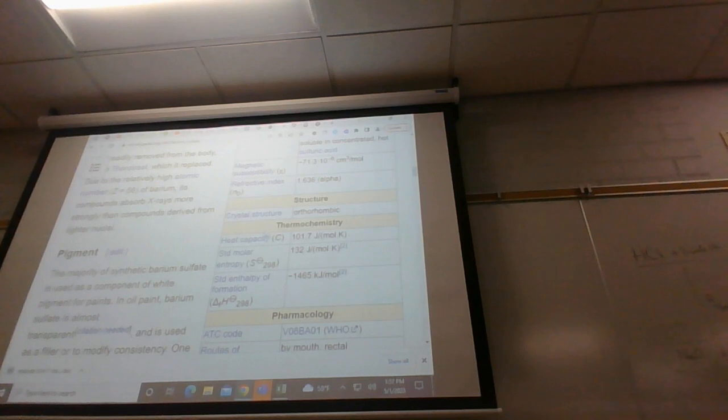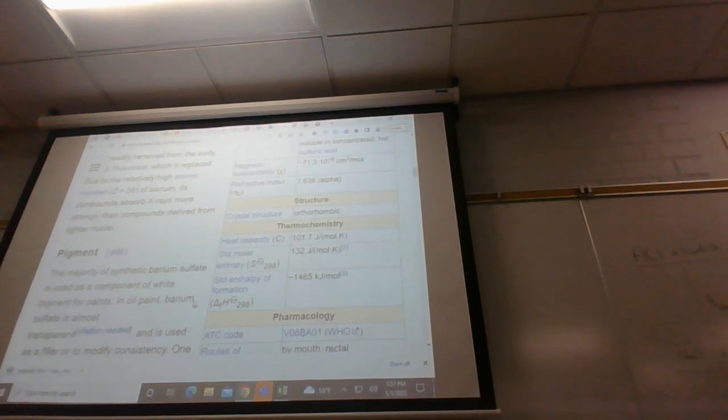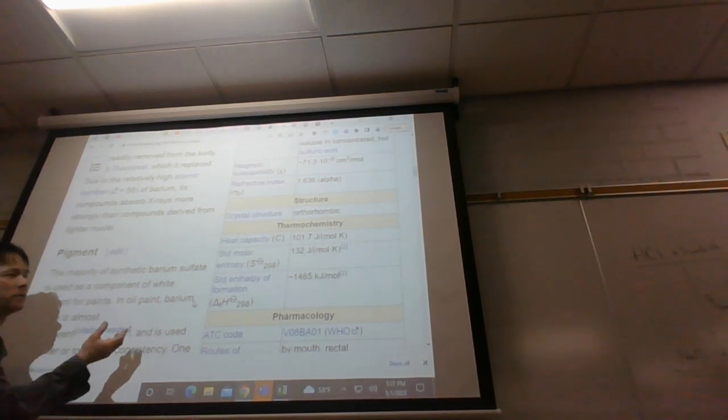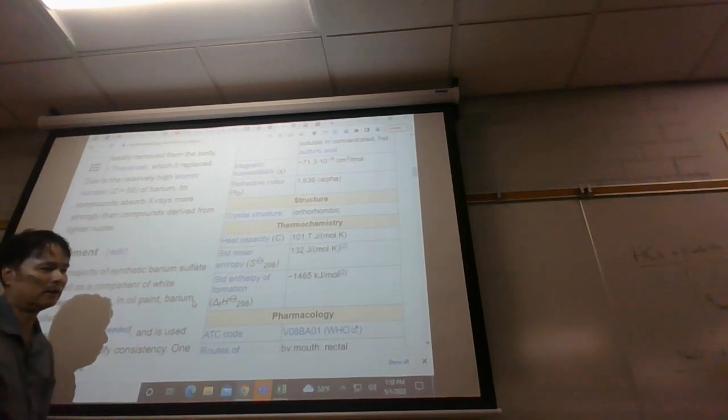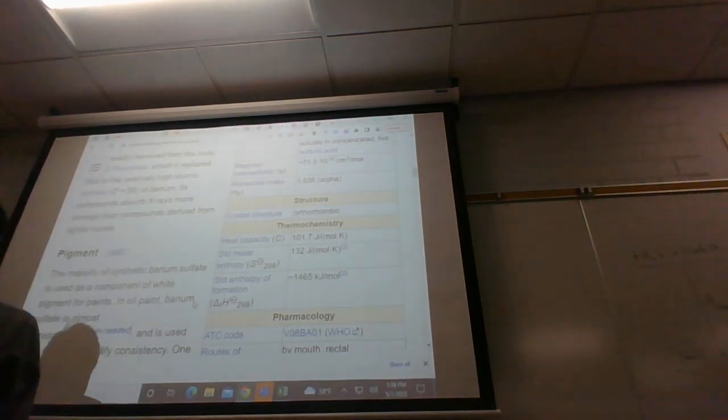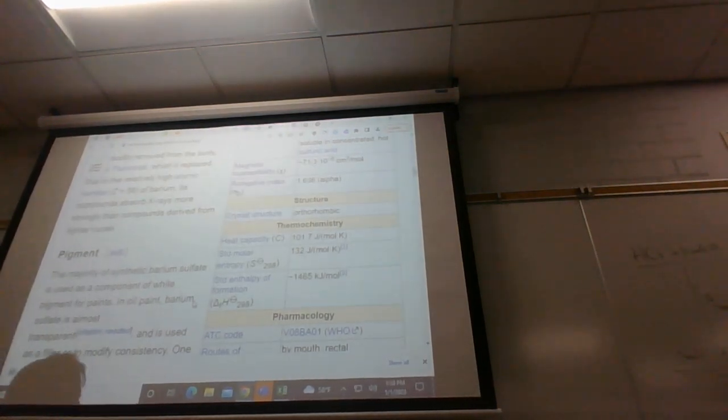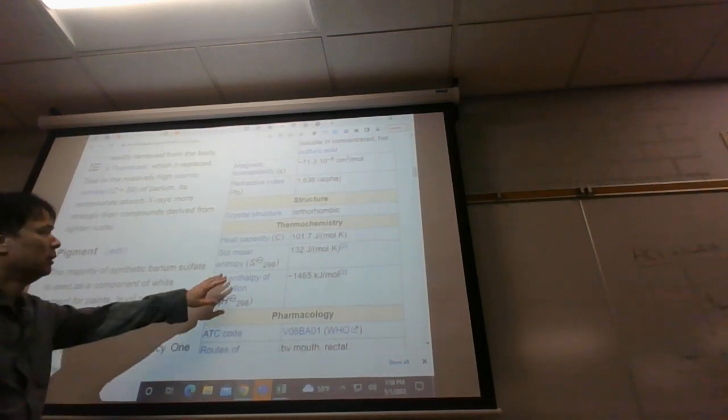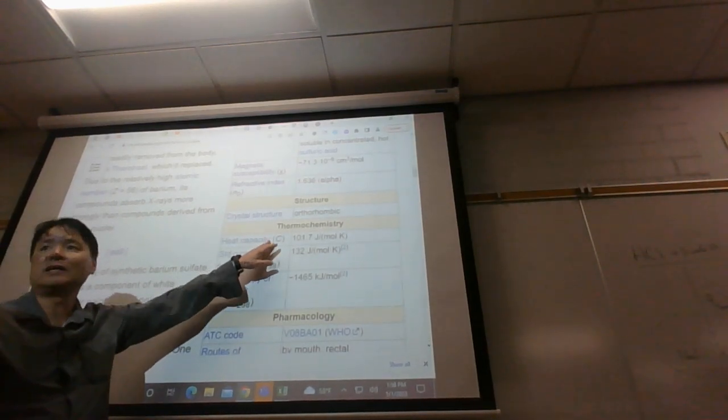But what we can do is use some physical properties to help us identify that it is. And we've already talked about some of the chemical properties as well. Another thing you can do is heat capacity.